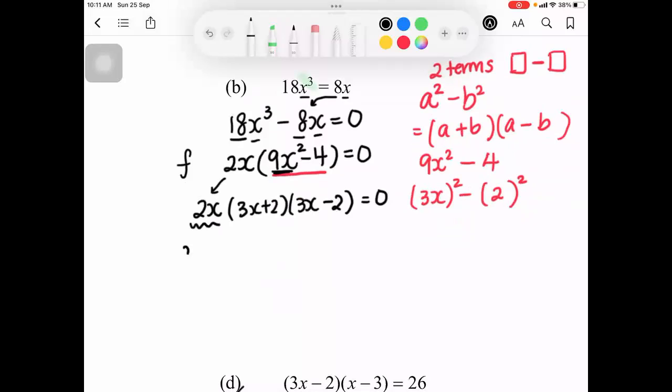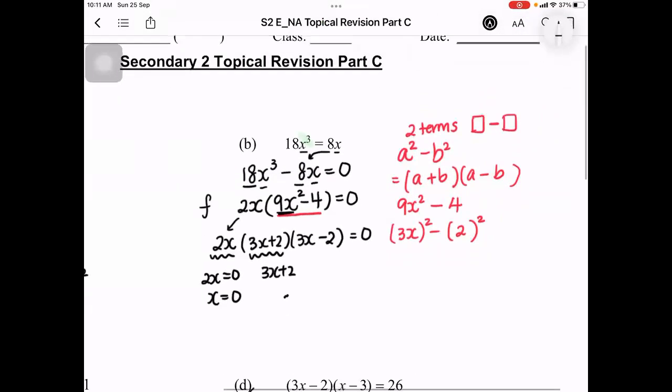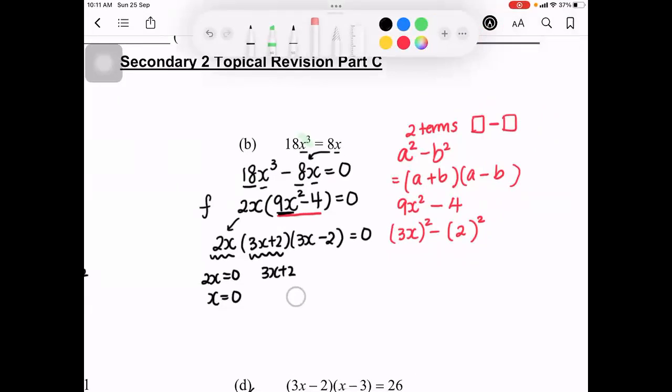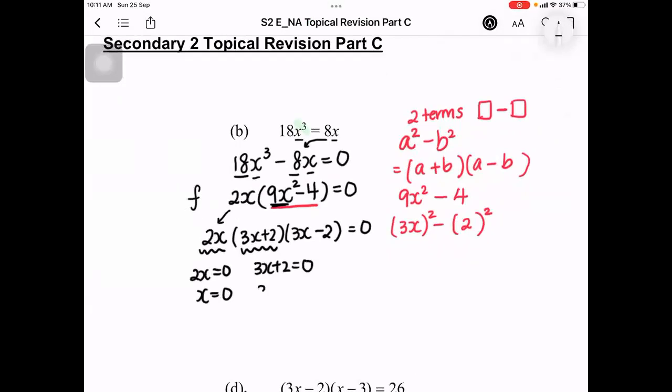The first one, 2x is equals to 0, so x is equals to 0. Second one, my second bracket, I have 3x plus 2 equals to 0. Then we are doing revision worksheet part C. So 3x equals to negative 2, then x equals to negative 2 over 3.